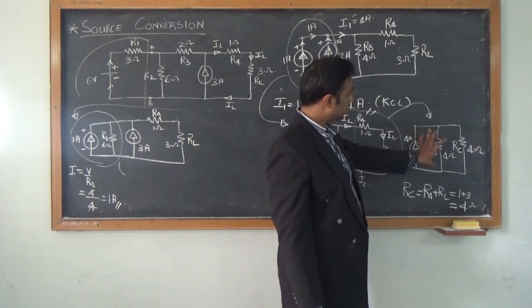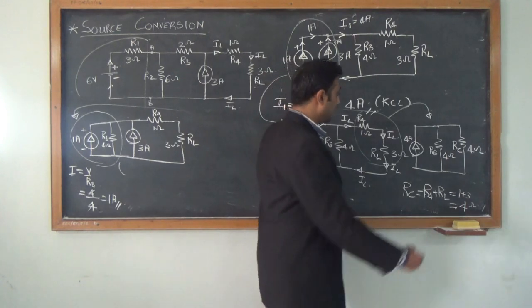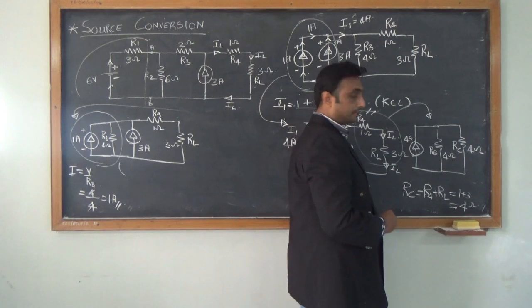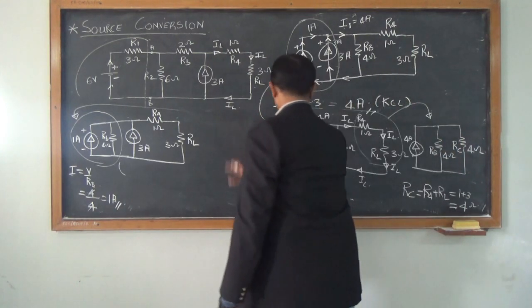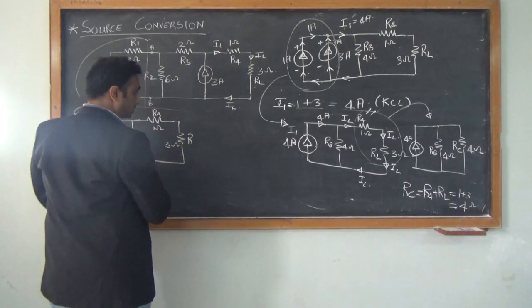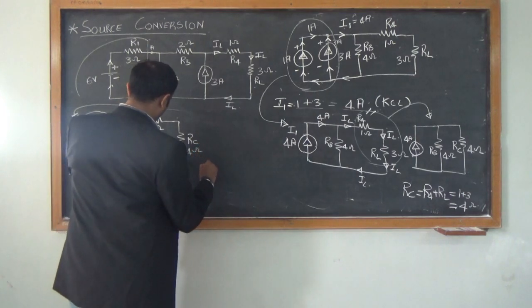Now I reduce the circuit to this variation. Now if you see, I basically have 2 resistors, RB and RC. So now let's draw this circuit here. So this will be my RC, which is equal to 4 ohms.